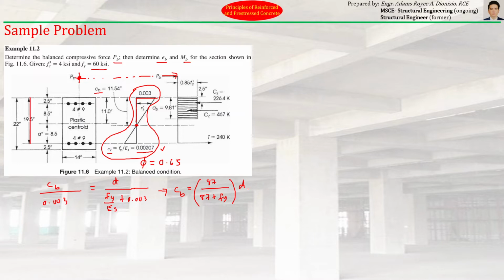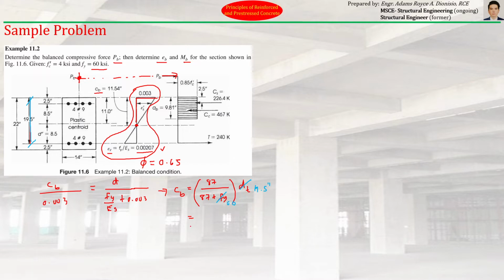Times d, or simply dt, since dt is what we need, the extreme one. We can use that formula for computing cb. So let us substitute. Our fy is 60. Our dt, which is just equal to d, is given as 19.5 inches. Take note that our units should be consistent.